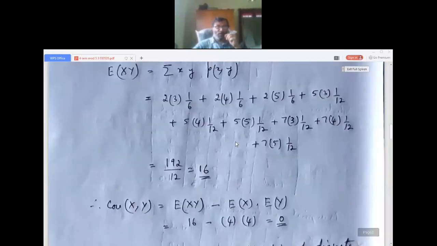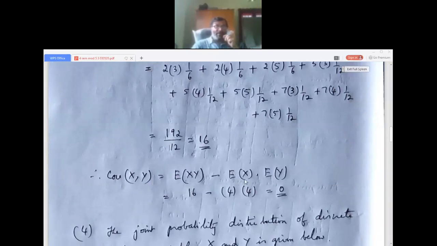So covariance of x comma y is equal to E of xy minus E of x into E of y. Of the many formulas, the formula which suits here is E of xy minus E of x into E of y. So we found out E of x, E of y and E of xy.